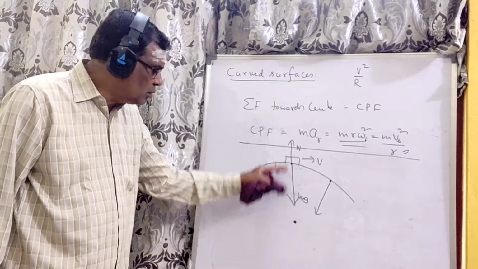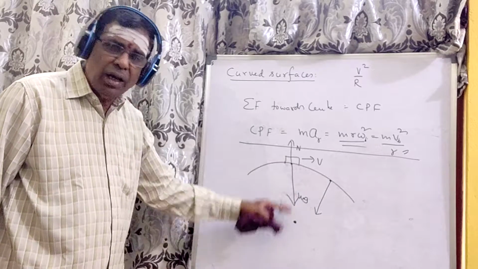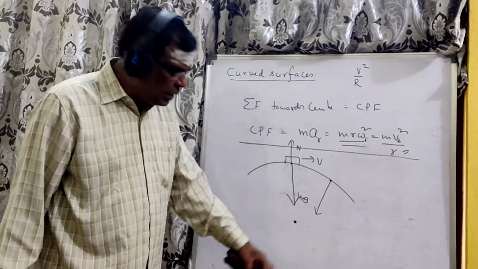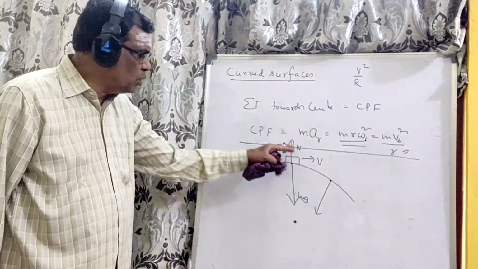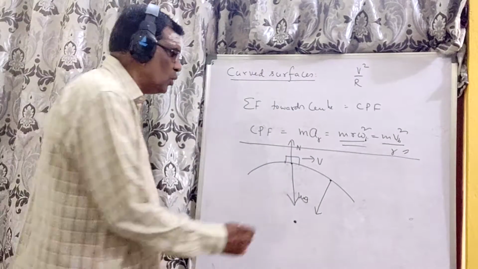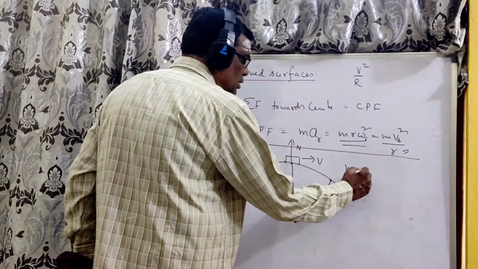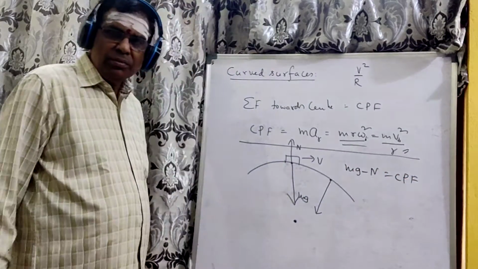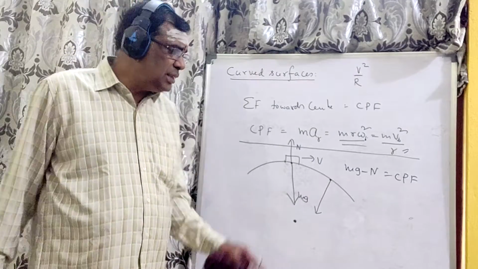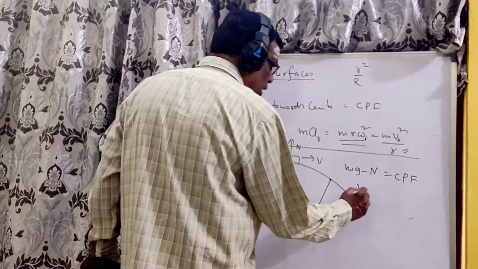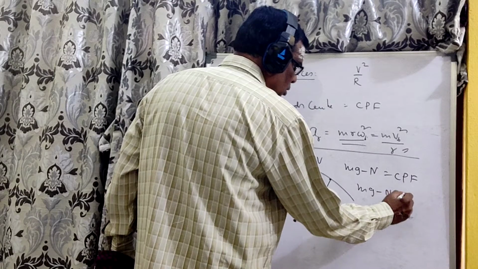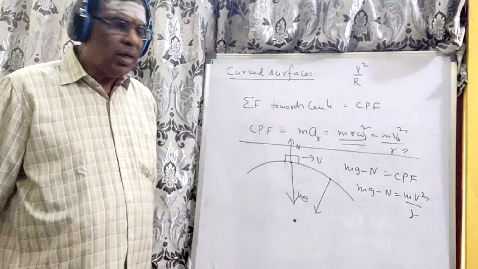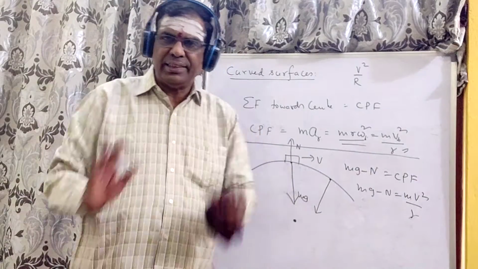Net force along the radius, you see. Along the radius it is mg, opposite that is minus. So mg minus N is your CPF. And then CPF is always equated to mv square by r. So you can find out what is N. That's it.